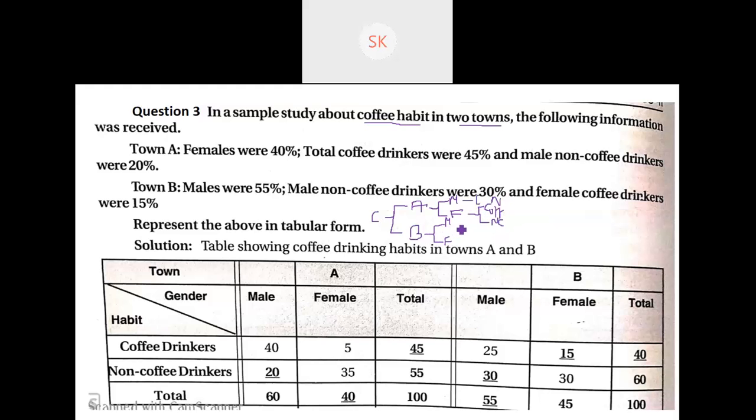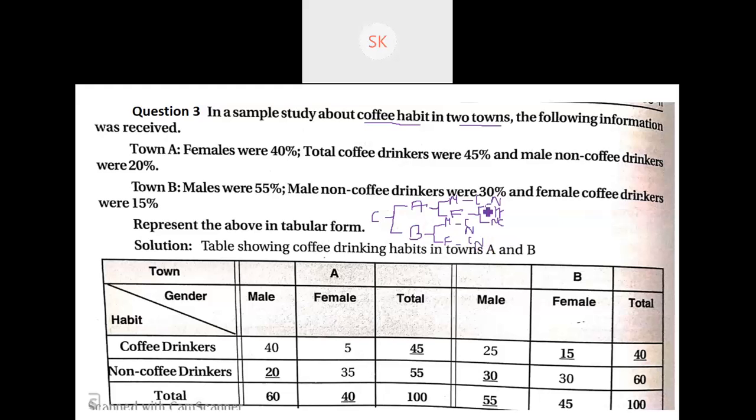Again in town B, male coffee drinkers, non-coffee drinkers, and female coffee drinkers and non-coffee drinkers. So this is our classification, taken from the complete question.